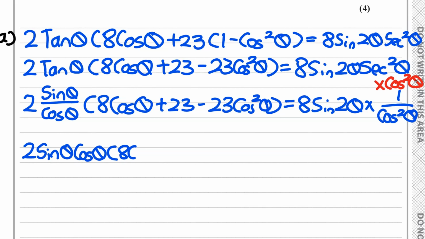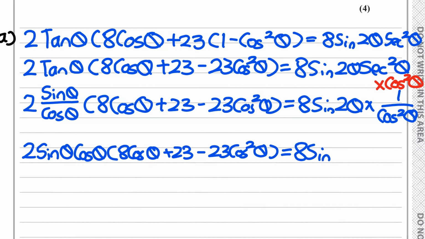Then it's 8 cos theta plus 23 minus 23 cos squared theta is equal to, and then this cos squared theta is going to cancel out, so we're just going to be left with 8 sin 2 theta on this side.